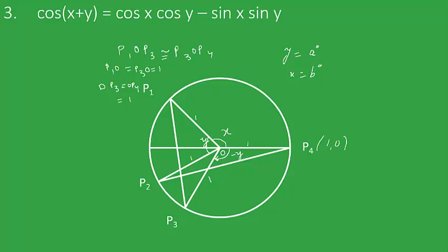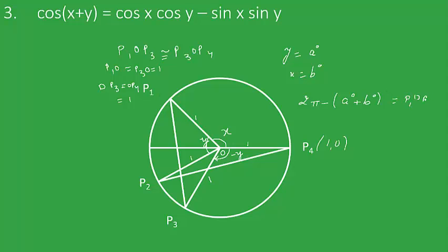So the angle P1 O P3 will be equal to the total circle, that is 2 pi, minus the measure of angle x, that is a degree, plus the measure of minus y, which is equal to b degree. Okay, so angle P1 O P3 is equal to this.